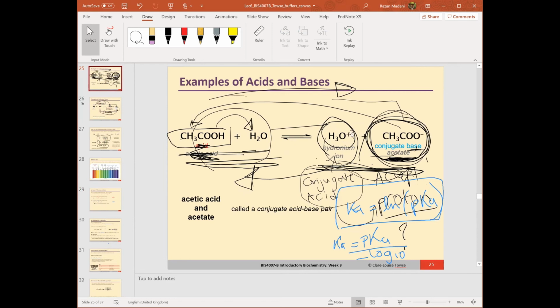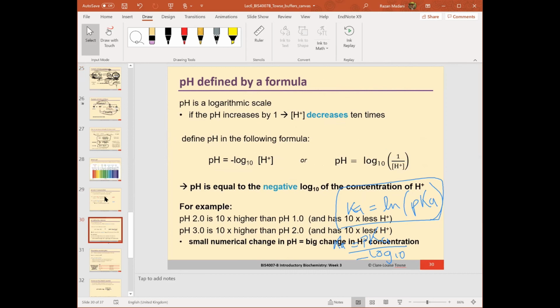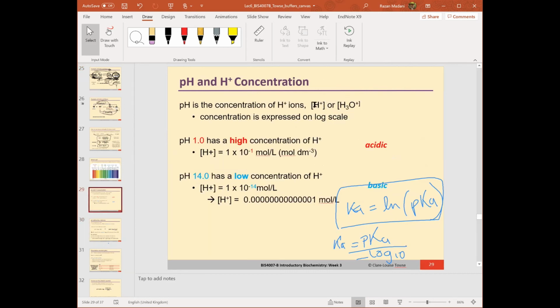So it's counted as a hydrogen ion. This one also has an extra hydrogen and a positive charge, so it's treated as a proton, as a hydrogen proton.